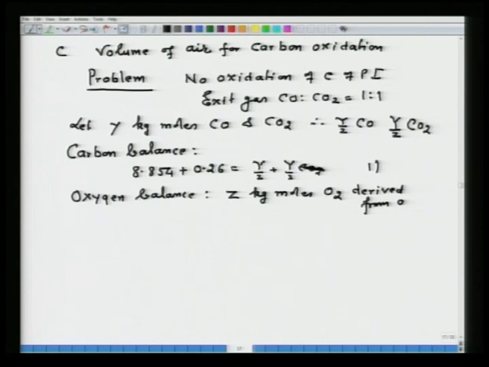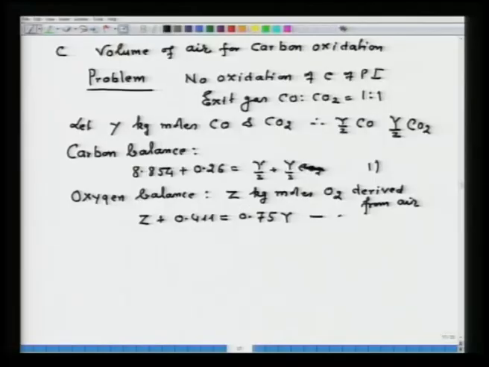Again here you have to do oxygen balance. So, this will give you Z plus 0.411 equal to 0.75 y, say y by 2 moles in CO2 and y by 4 moles in CO. So, this is my equation 2.